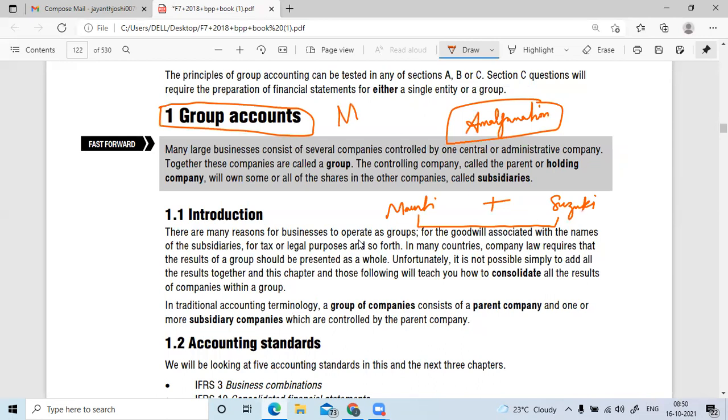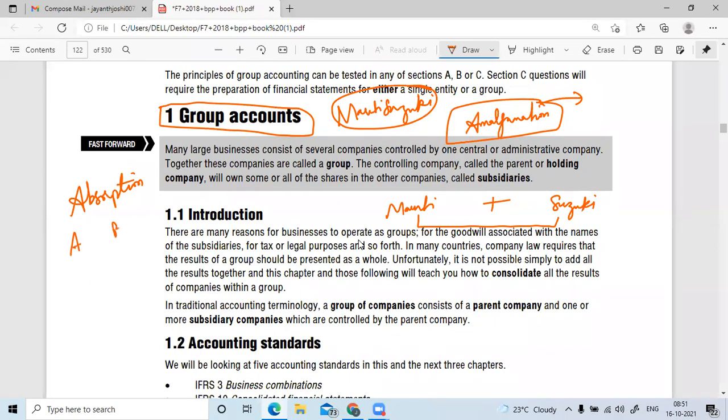This amalgamation has led to the consolidation of accounts. At the end of the year, they prepare group accounts. What do they prepare? Group accounts.